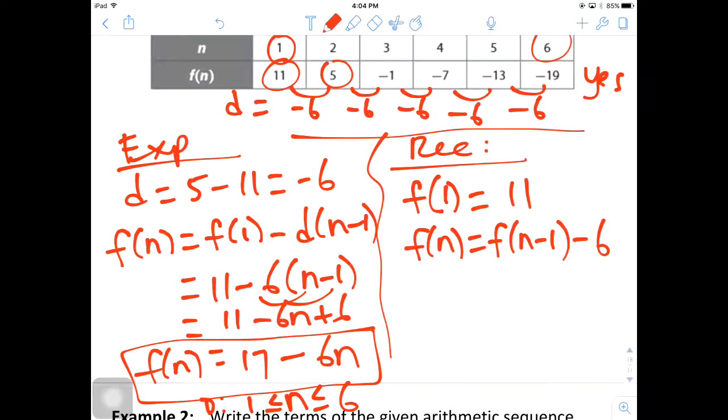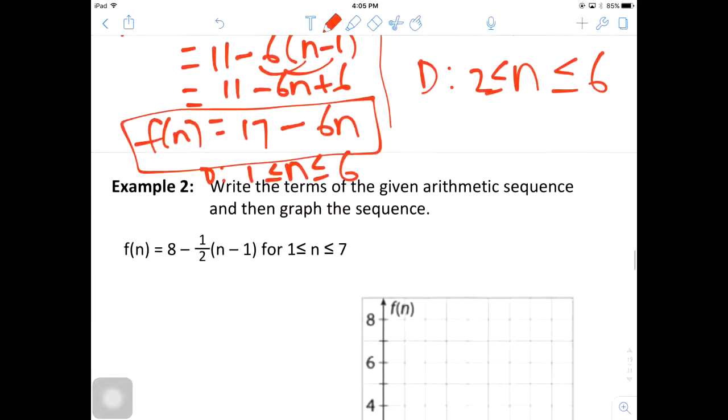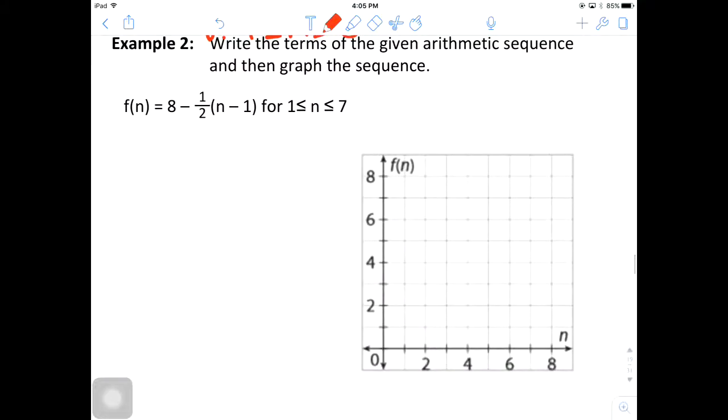So that goes from term 2 to term 6. So the domain for this one is n goes from 2 to 6. And that is the difference between the two methods for describing the rule. So hopefully you get how to do that now. You will get to practice more of that when we do the book set later.